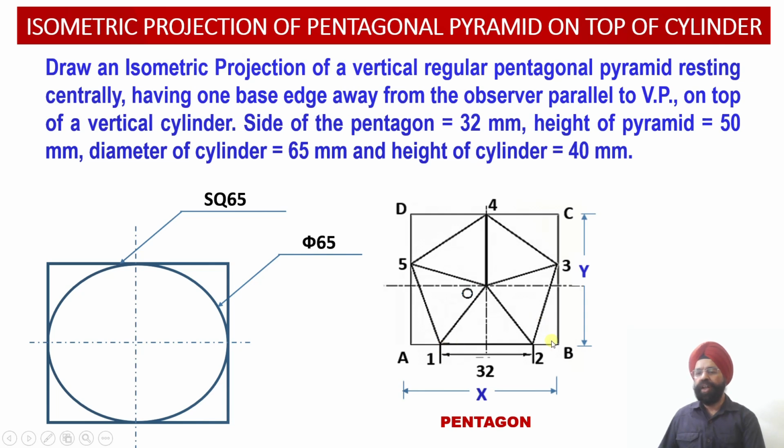That is, all the external angles we are going to draw equal to 72 degrees. So once you extend this, again the 72 degree external angle will be there.